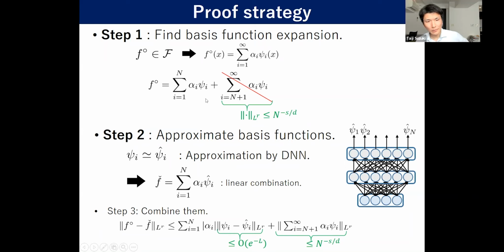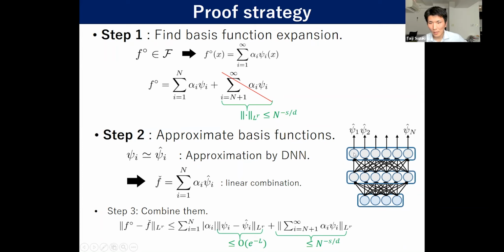Okay, so after that, we approximate each basis function psi_i by a deep neural network. From the internal layers, we have many outputs. The output from each neuron corresponds to the approximation of a basis function. Maybe the outputs are psi hat 1 to psi hat n, where the width is n.